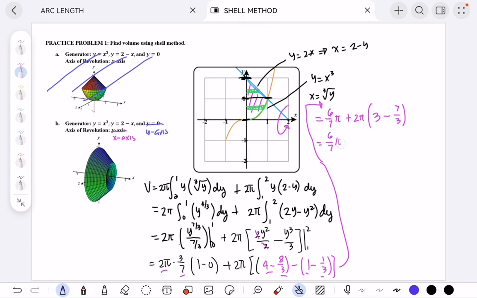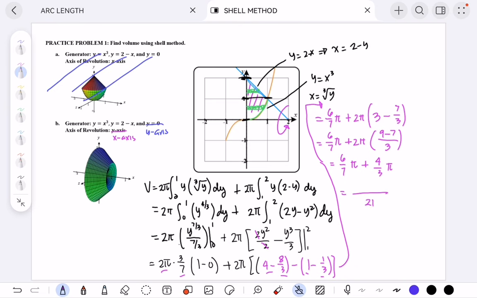And now plus 2 pi times 3, 9 minus 7. What is this? 6/7 pi plus 2/3. So I'll have 4/3 pi.